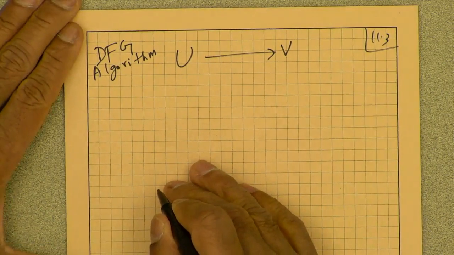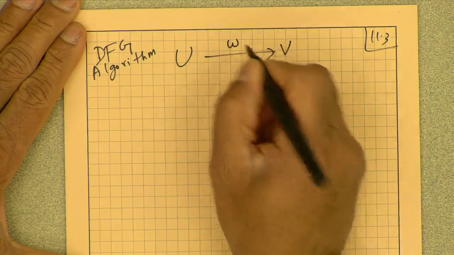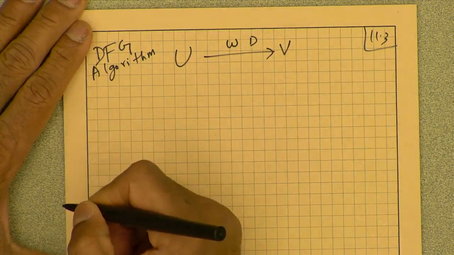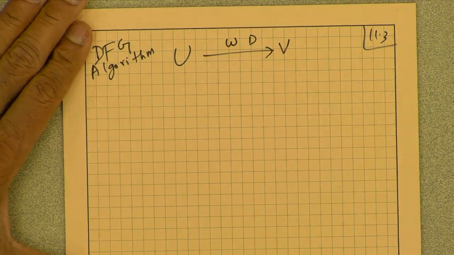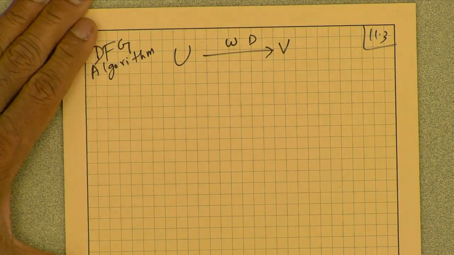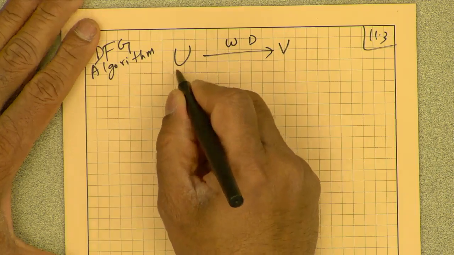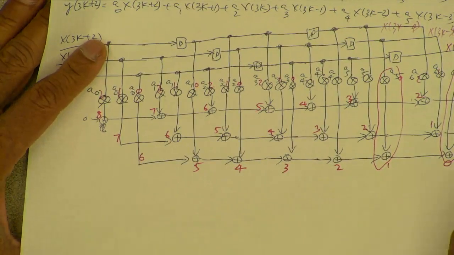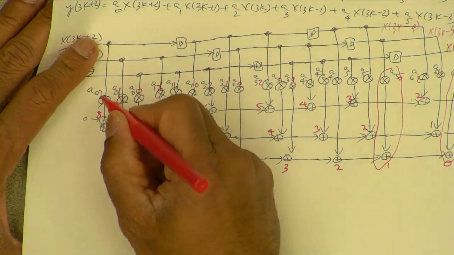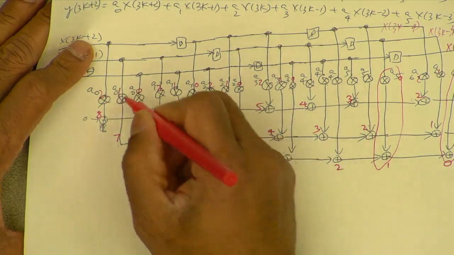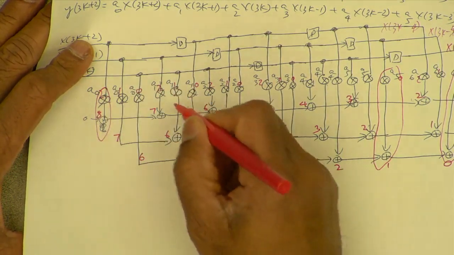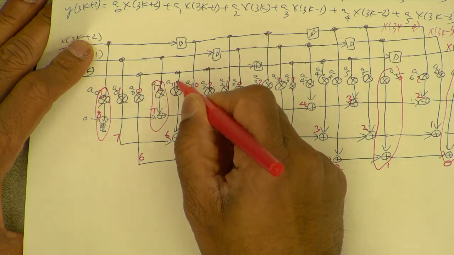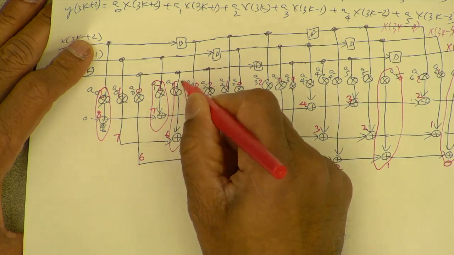Okay, so we have an edge from U to V with W delays. We are going to define some terminologies. In this particular case, this multiply add together is a type of U node.